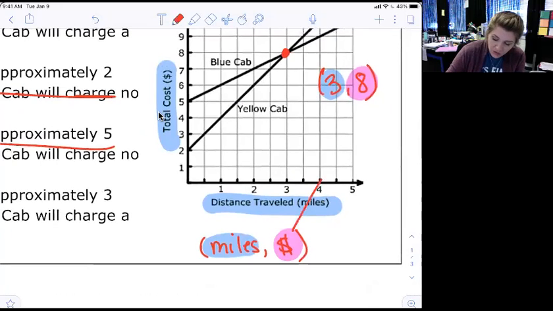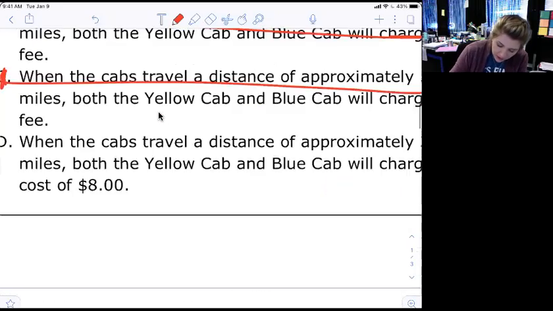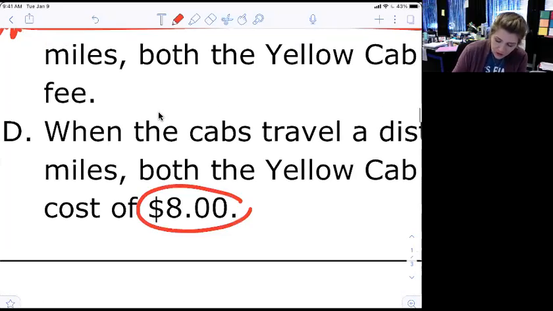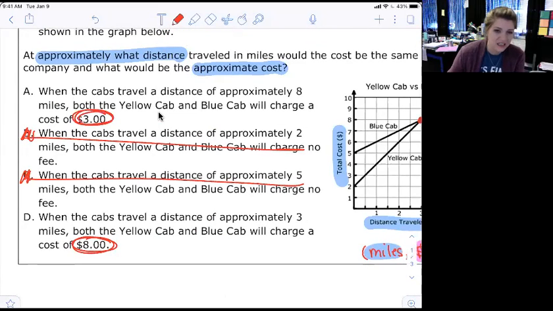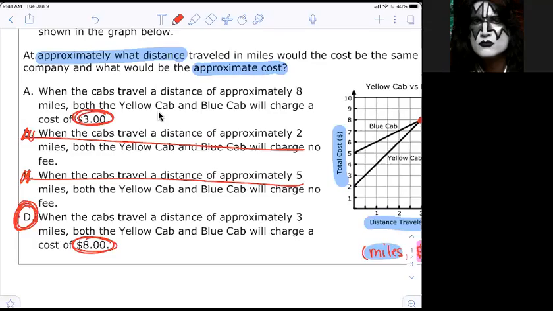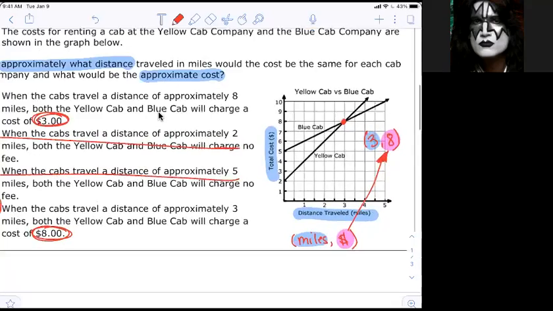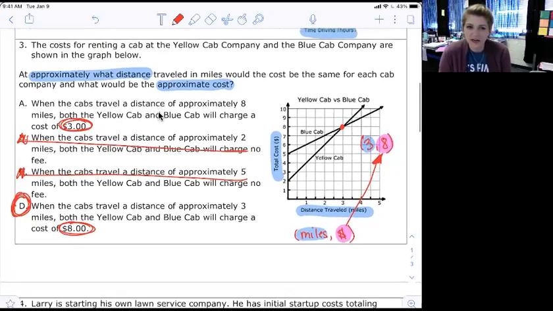Money goes with the 8. So if you look over here, this has $8, whereas this one right here has $3. So our correct answer, I just bamboozled myself. I got confused. Do you understand now?